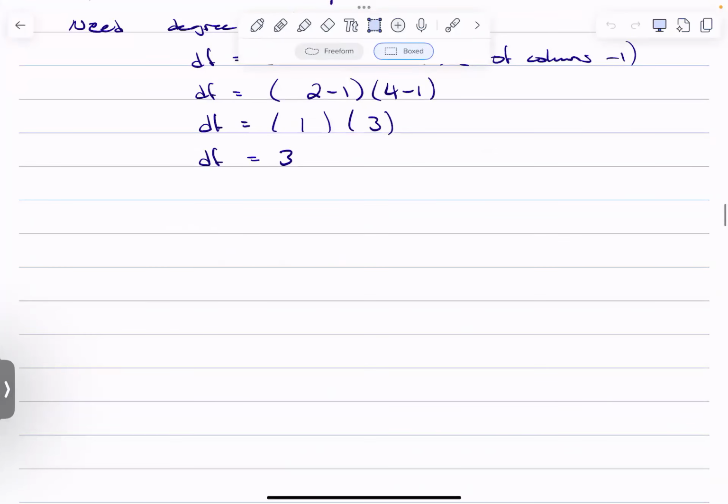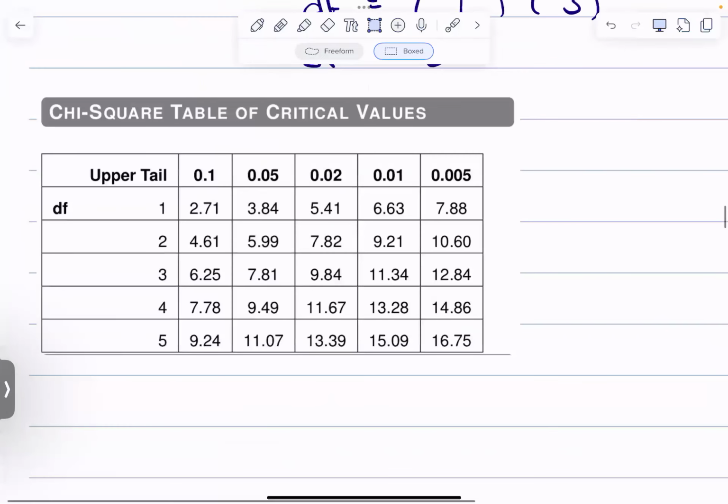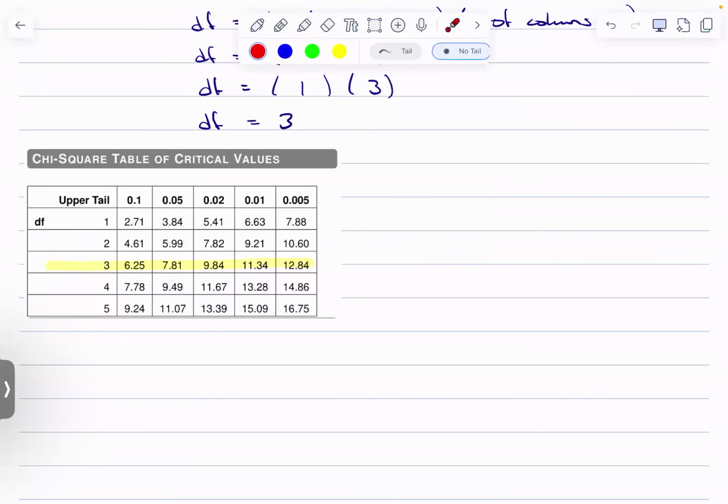I'm just going to paste it in here. With 3 degrees of freedom, we're going to be sticking to this line and ignoring the rest. Then we try to place our chi-squared somewhere on this line. We fall here, somewhere between 0 and 6.25.